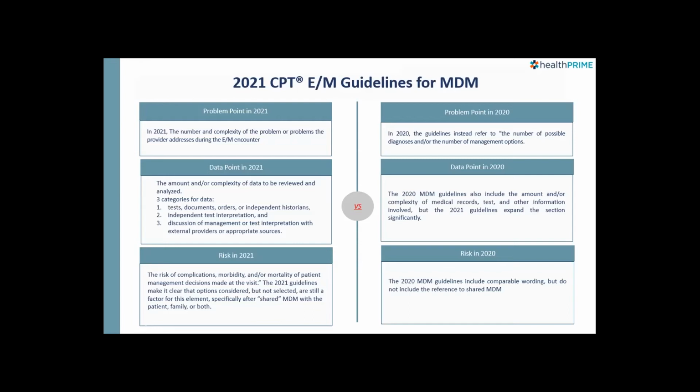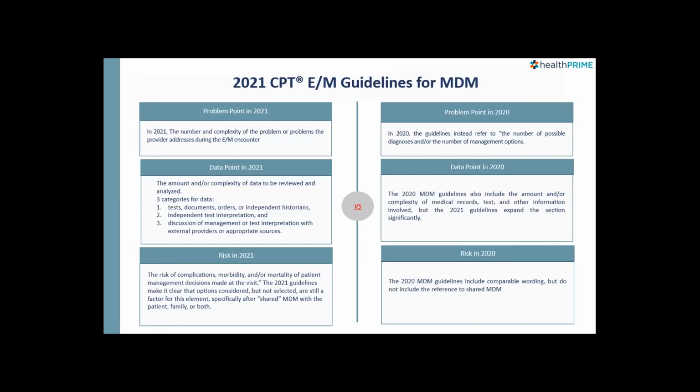For data point in 2021, it is the amount and the complexity of the data to be reviewed and analyzed. And it is now in 2021 further categorized into 3 categories. The first one is tests, documents, orders, or independent historian. The second one is independent interpretation of the test result.